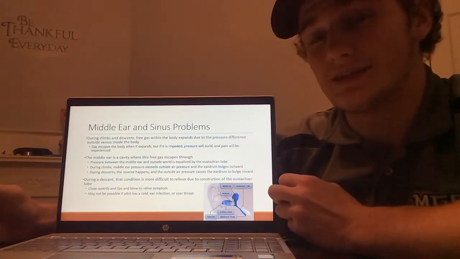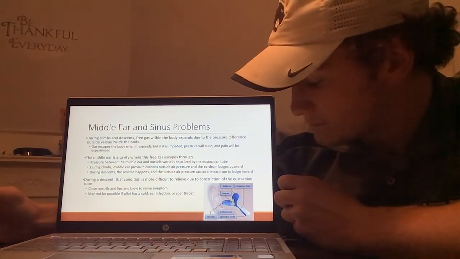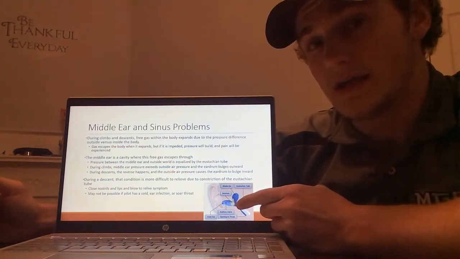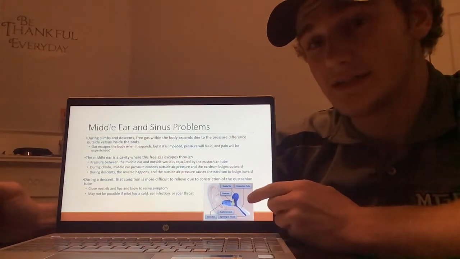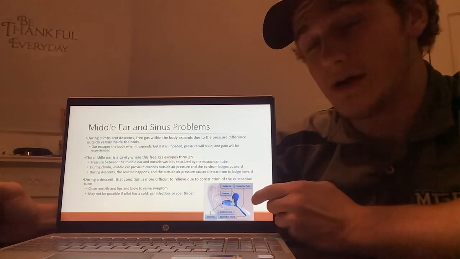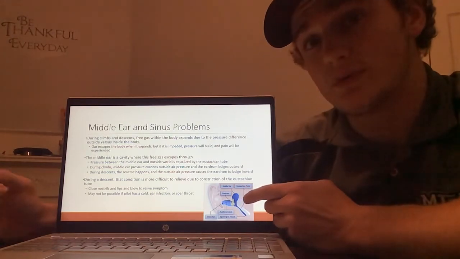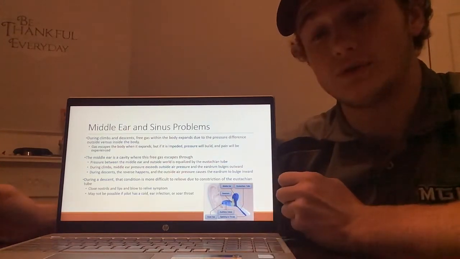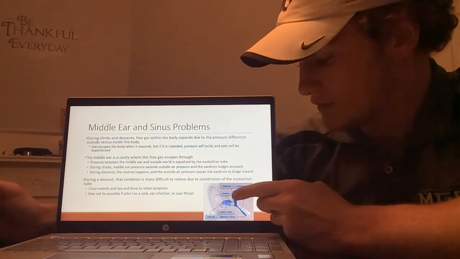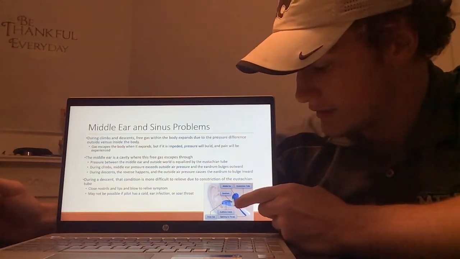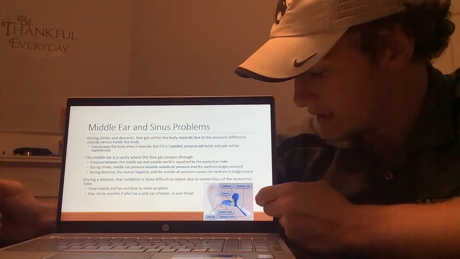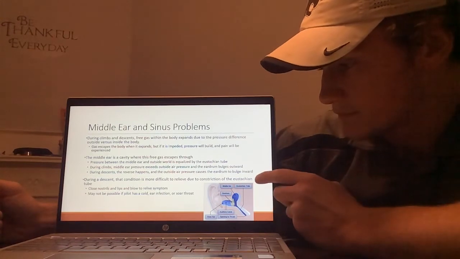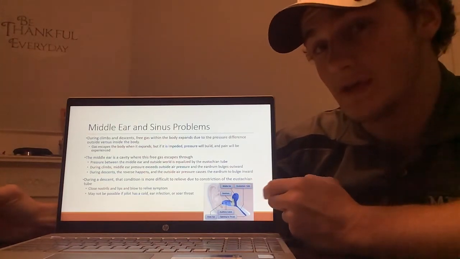However, when you're in a descent, the reverse happens. The pressure of the outside air is higher than the inside air, because at the higher altitude the pressure equalizes. So this has less pressure, this has high pressure. Pressure flows from high pressure to low pressure, and so the air outside in the outer ear will want to come into the middle ear, and it will bulge the eardrum inwards.